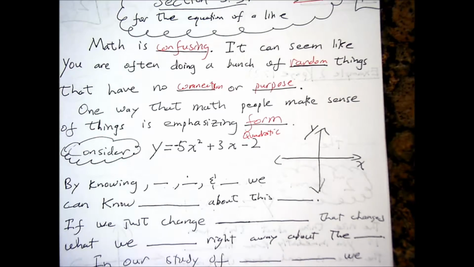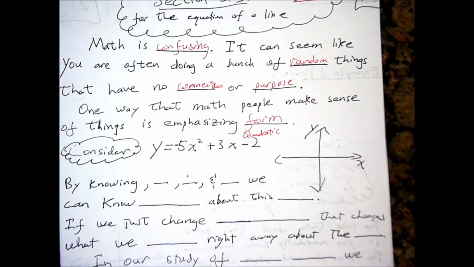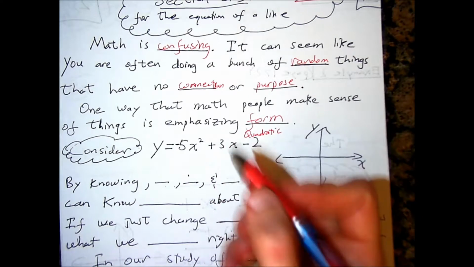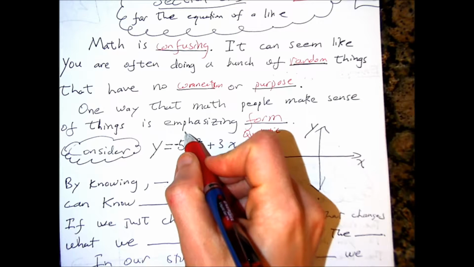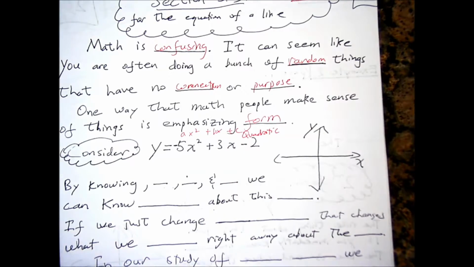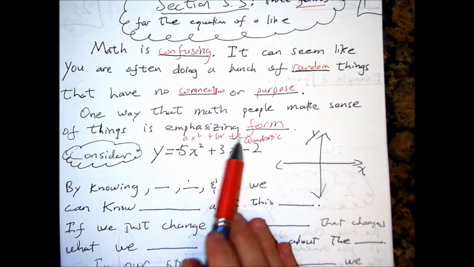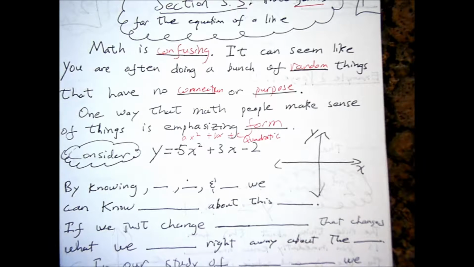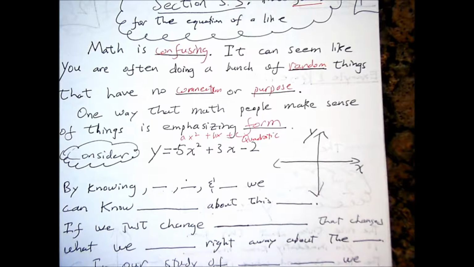And we may get to this at some point in the course, but I just want to make a point with it. Just the way that this is written, a general quadratic equation says y is equal to ax squared plus bx plus c. That's what's called the general form, or the standard form. And once you fill in these numbers and you have it written just this way, you know some specific things about the curve.